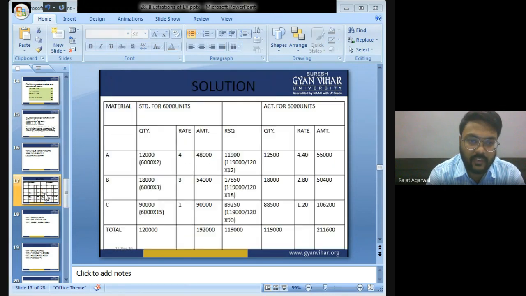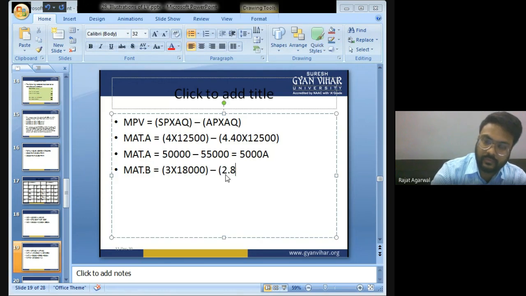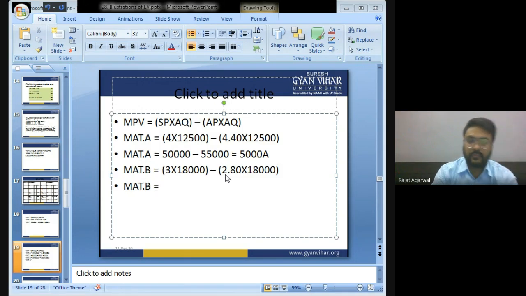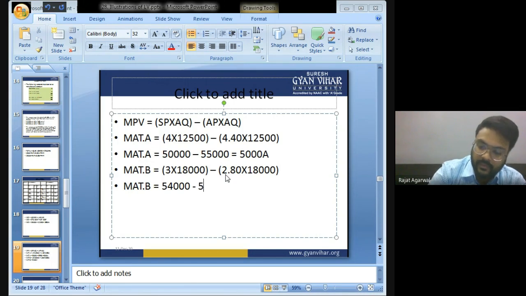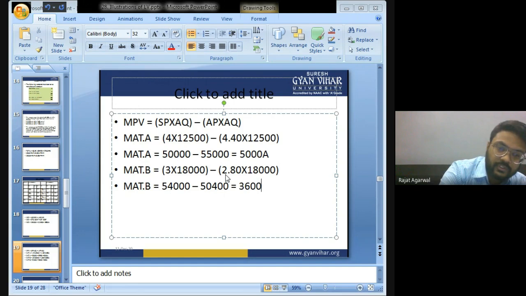Actual price of B is 2.80 into actual quantity 18,000. 18,000 into 3 is 54,000. 18,000 into 2.80 is 50,400. So 3,600 favorable.